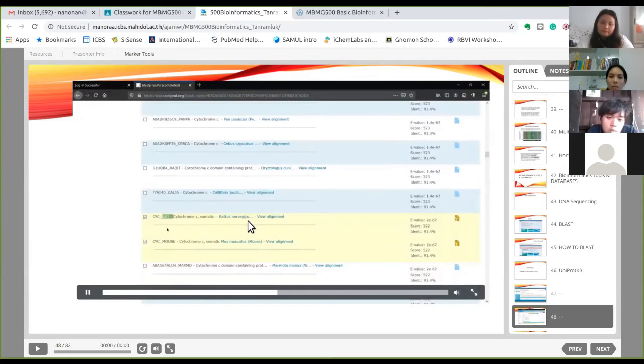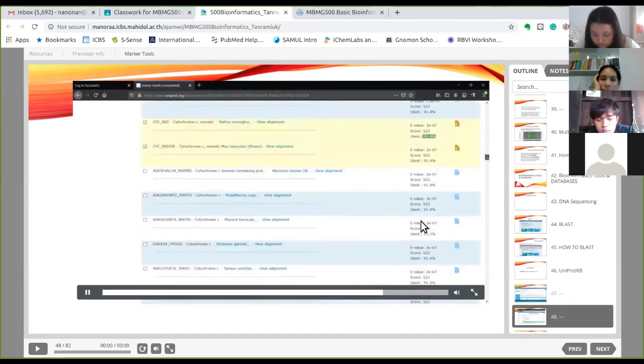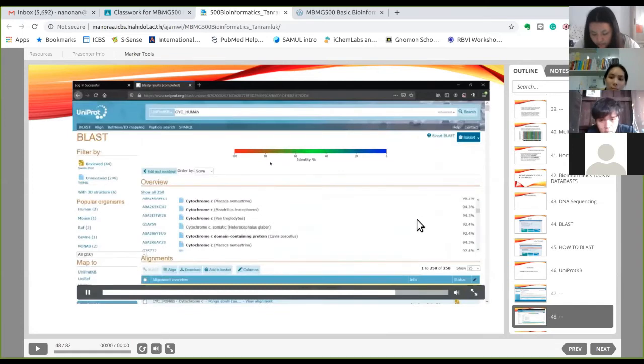Rattus norvegicus is rat, Mus musculus is mouse. So it shows e-value. When it shows the match, if it has high matching percent identity, it means e-value is very low too. So it's 2 to the power of minus 67.